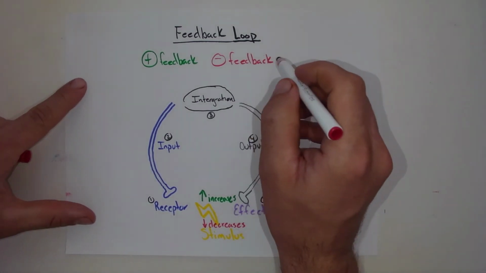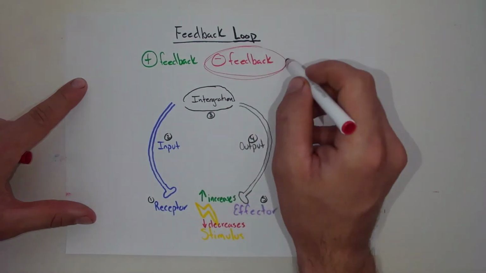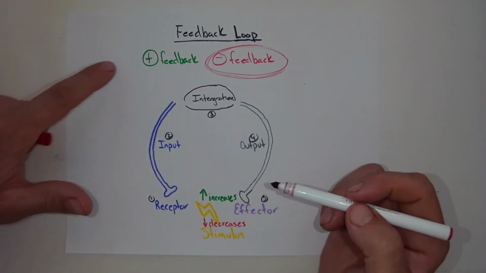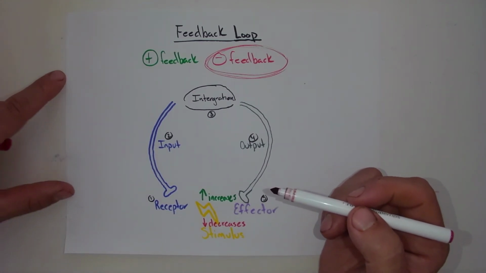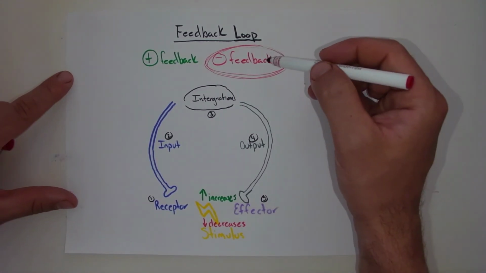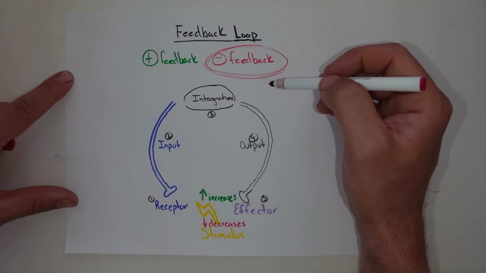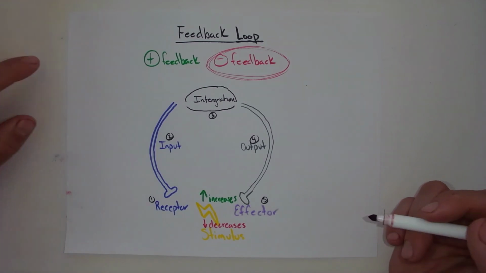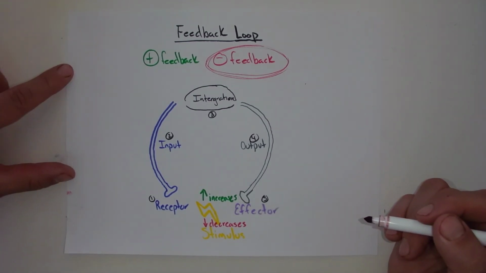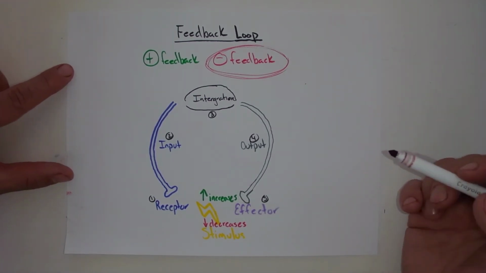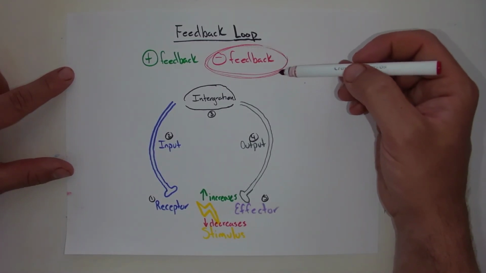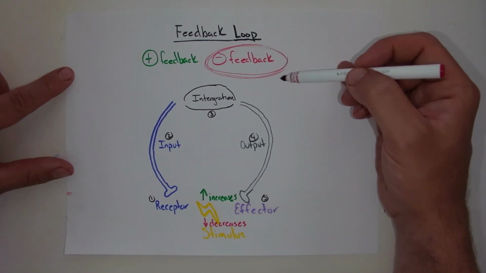Now, negative feedback loops are much more common in the body. Positive feedback loops are rare. Negative feedback loops tend to bring us back to homeostasis. Positive feedback loops tend to take us further away from an equilibrium point. Negative feedback loops turn off and on as we try to hover around a central balance point.